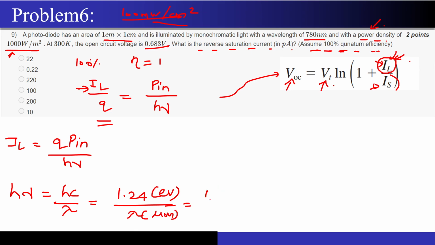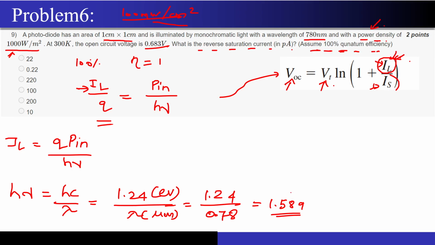Lambda is given as 780 nanometer, which is 0.78 micrometers. If we divide it, this number comes out to be 1.589 electron volts.